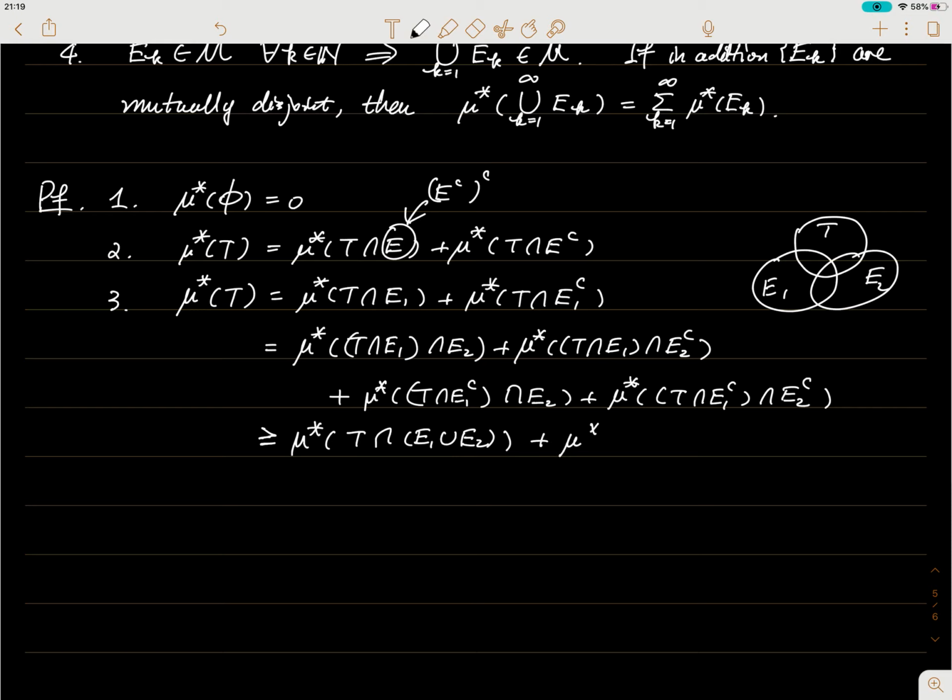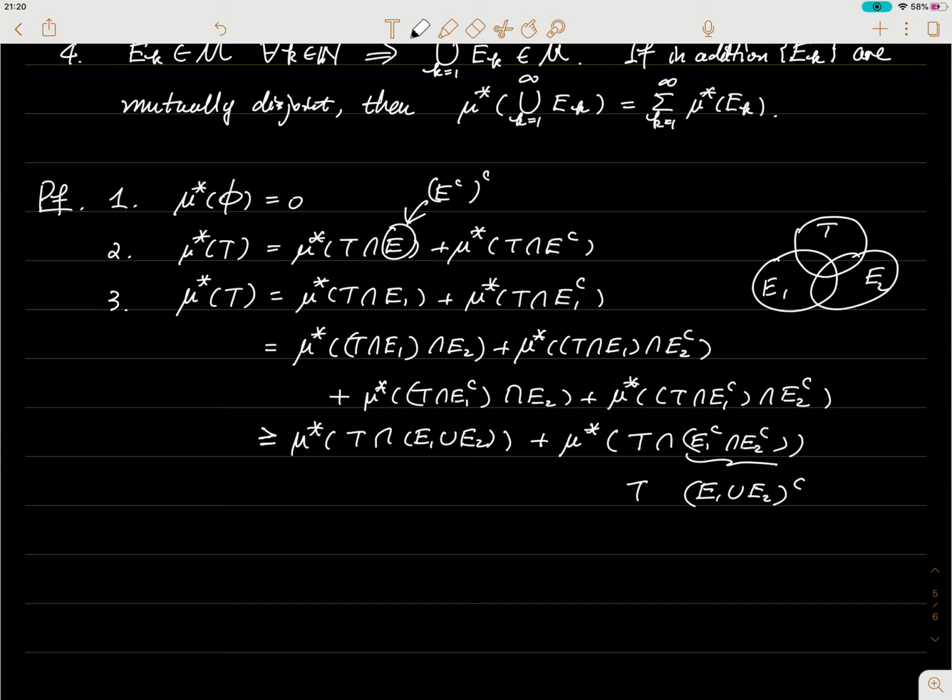And the last term, I will just keep it in the following way, because I see that this is just the intersection of T and the intersection of E1 complement and E2 complement. But remember that this term, by De Morgan's law, is equal to the complement of the union of E1 and E2, right?